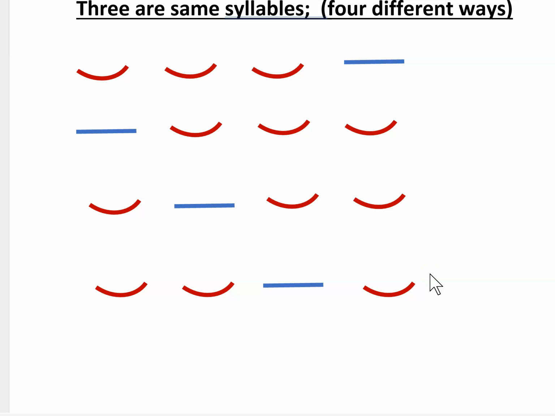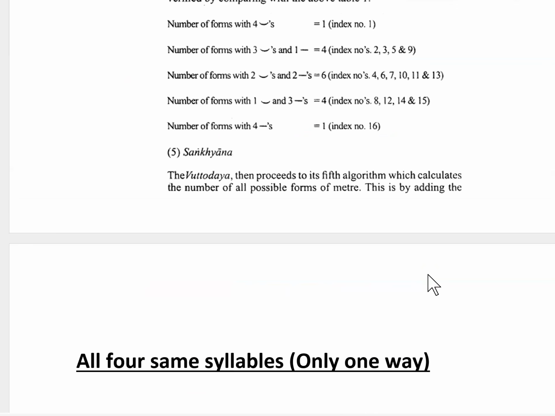So there are 4 different ways. And similarly, what if you have 2 curves and 2 lines? You could get 6. You could draw it down and see how many you get. And then 1 curve and 3 lines will be the same as before, 4. Now all 4 are lines, there's only 1 way.